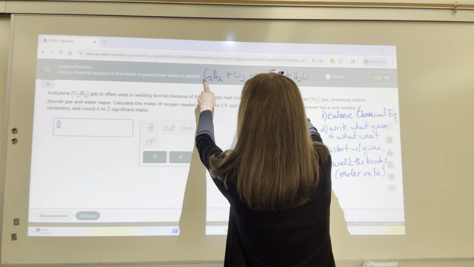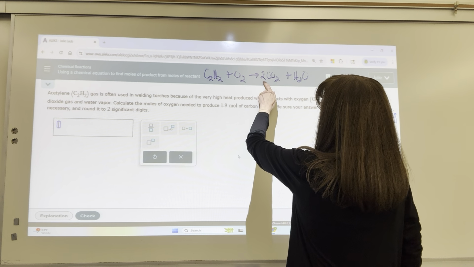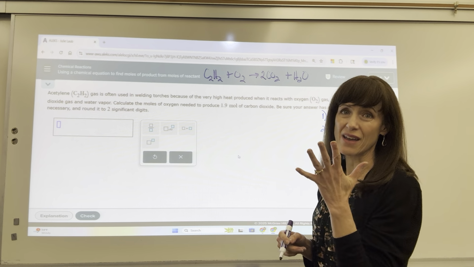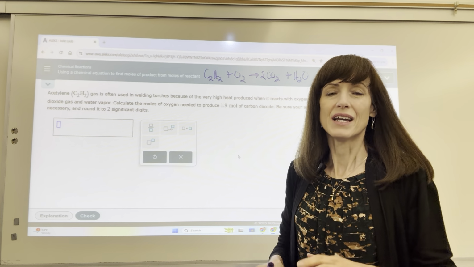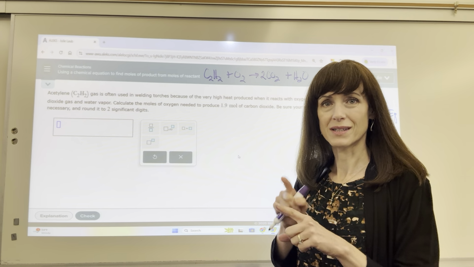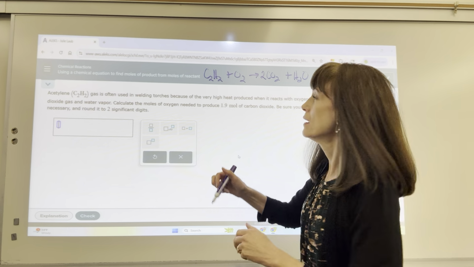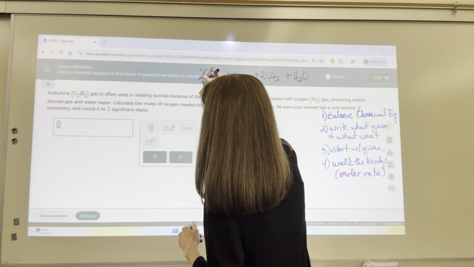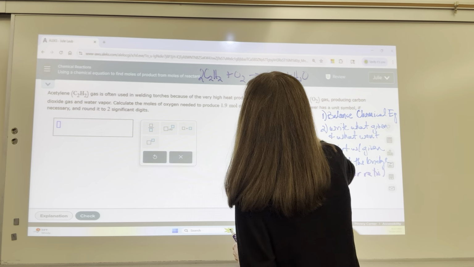So I've got two carbons, two hydrogens, two hydrogens. I've got 4 plus 1, 5 oxygens, and here I only have 2. Here's the trick. If the last element that you're trying to balance has an odd and an even number, go back and double. You're going to put a 2 at the beginning. That's the trick to fix this.